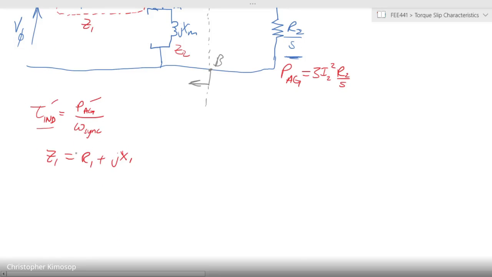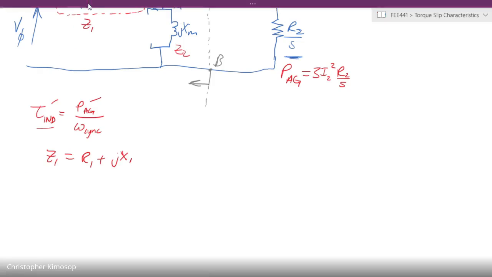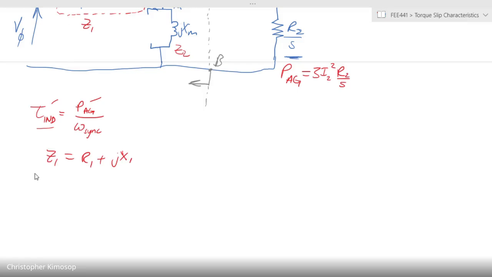So let's start with obtaining our Thevenin resistance and reactance. Okay.